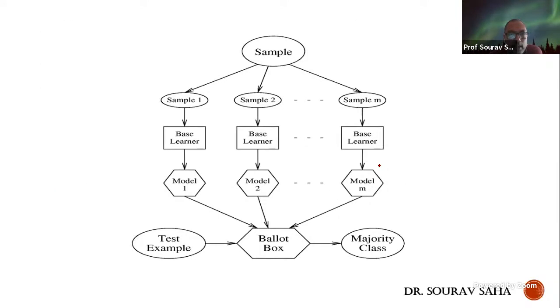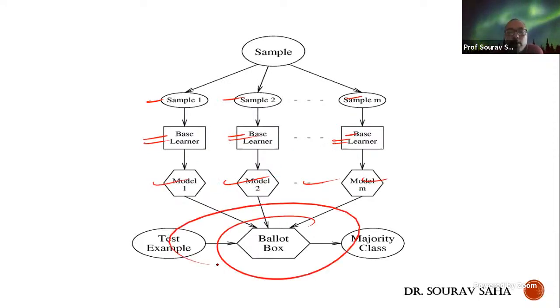So this is the process, right? Samples are created. You fit the base learners on these samples, right? And then you have these models, and then you take a voting or you take an averaging from these models, right?